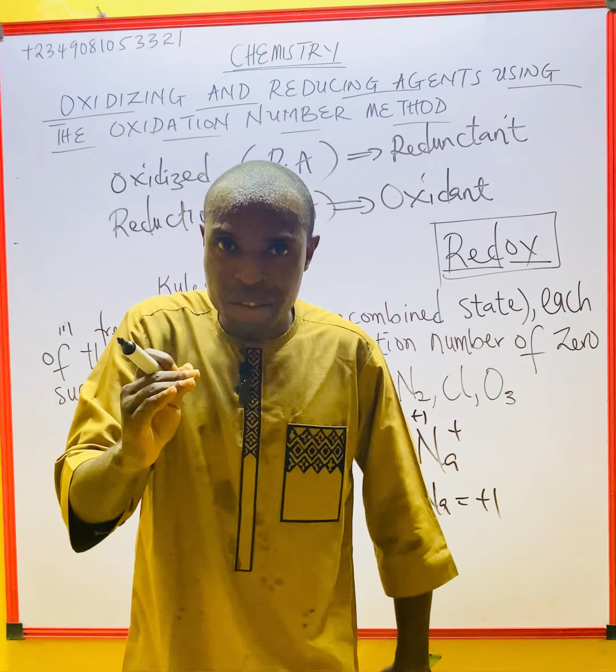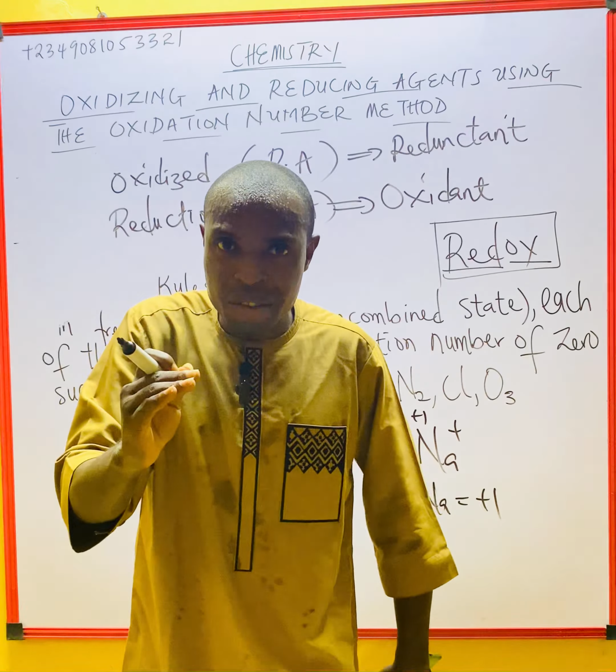Now, for example, this question here is particularly a JAMB question. I have to bring it out from the questions. Look at it. We have zinc plus copper 2 ion giving copper plus zinc 2 ion.